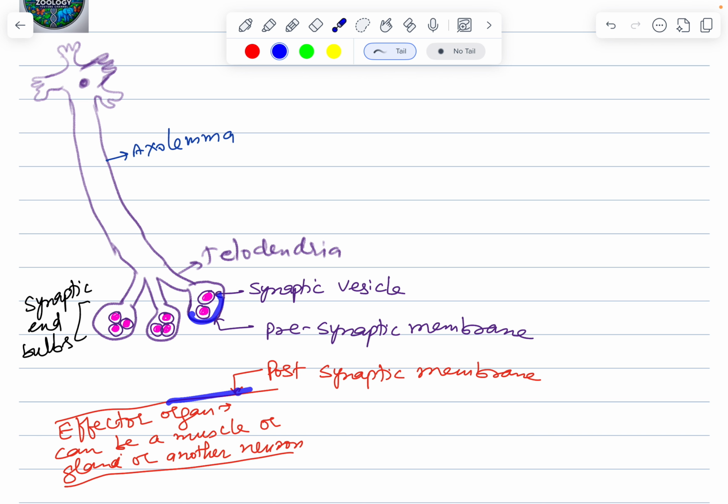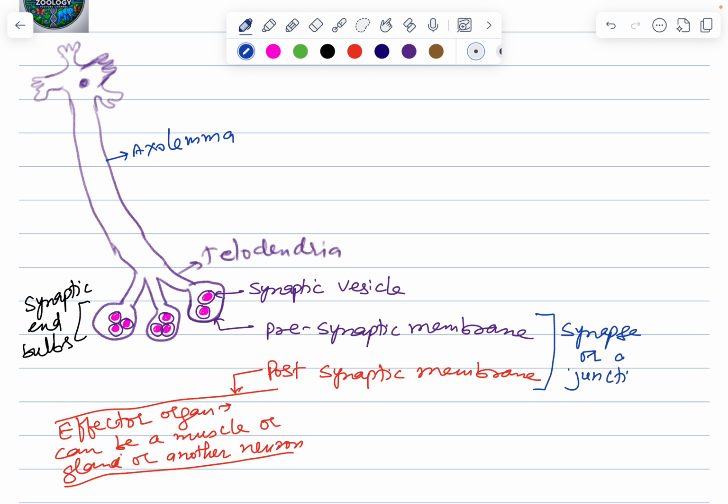Presynaptic membrane, postsynaptic membrane. Together, both the membranes are referred to as a synapse, or the literal meaning of this word is what? Junction.